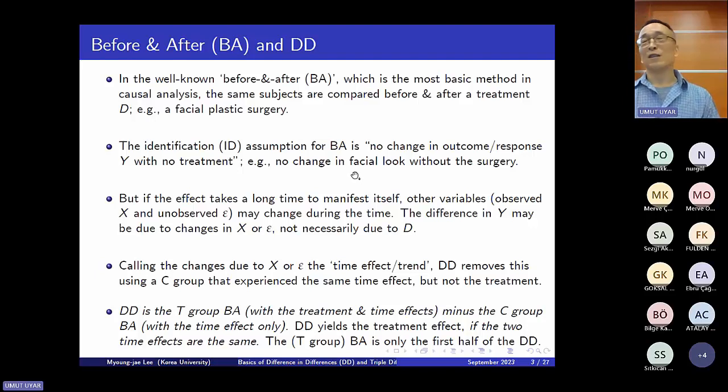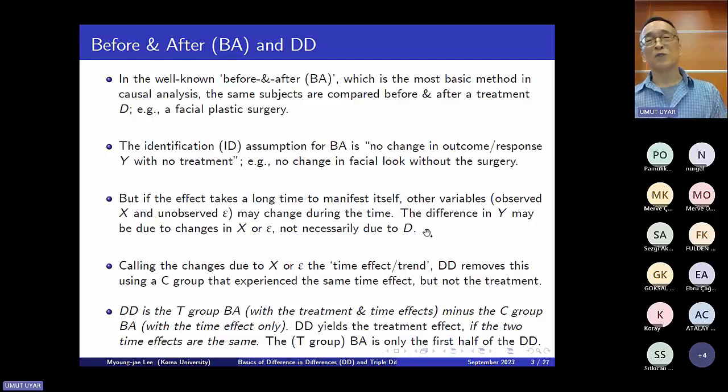So for that reason, when you compare photos before and after, usually the time span is very short, right? Otherwise, the facial look may change for reasons other than the surgery itself. So as written here, if the treatment effect takes a long time to manifest itself, then other variables, some observed as X and some not observed, denoted as epsilon, may change during the time.